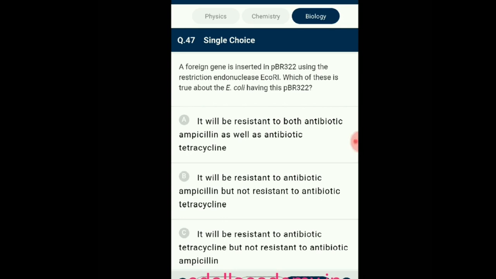Thus, when the foreign DNA is added, there will not be insertional inactivation of any of these genes and the bacterium will be resistant to both antibiotics. So the answer for this question is option A. It will be resistant to both antibiotics, ampicillin as well as tetracycline.